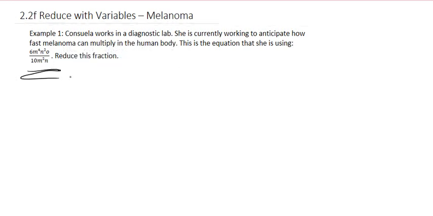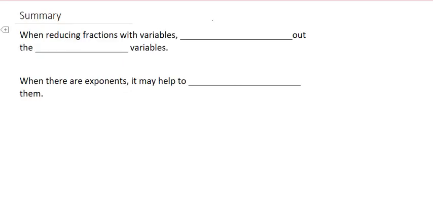So let's reduce this. But let's go over a few things. When reducing fractions with variables, divide out common variables. We will use the same process as we did when dividing out common numbers.